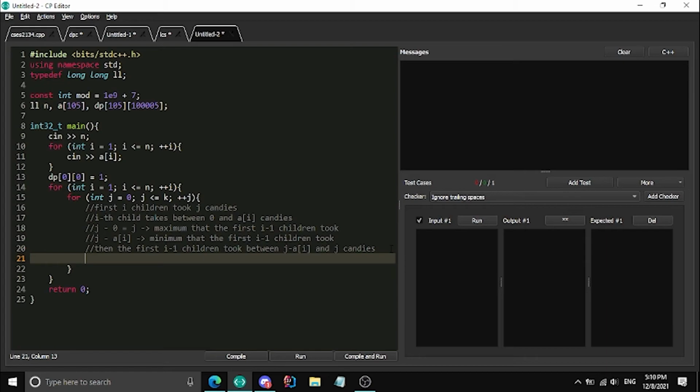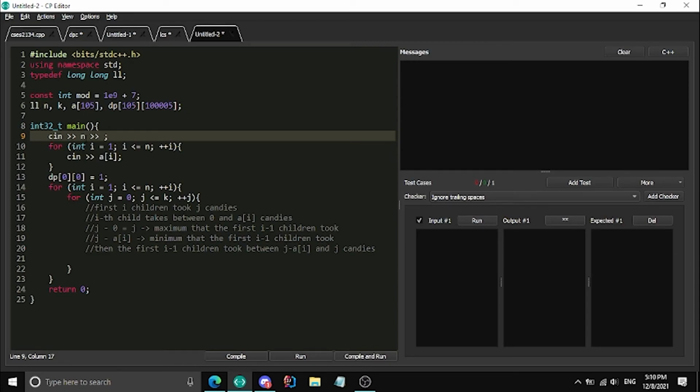Okay, so we're going to have to loop through from j minus a_i to j, and I did not take input of k. Although this is probably improper to use k again. I'll use L. So we're going to loop from j minus a at i. Now, one problem is j minus a at i might be negative, so we're going to say maximum between 0 and j minus a of i.